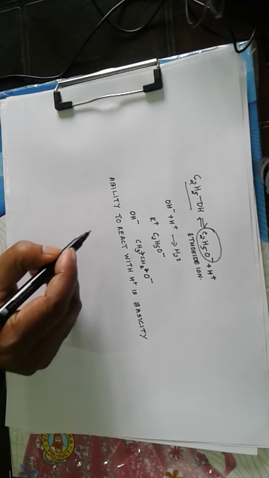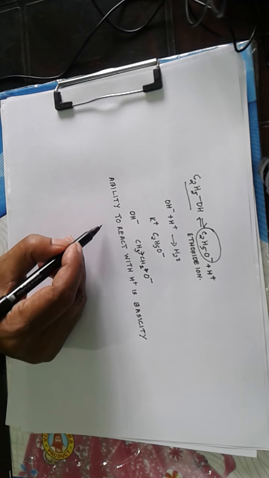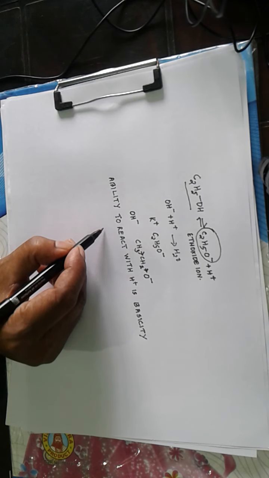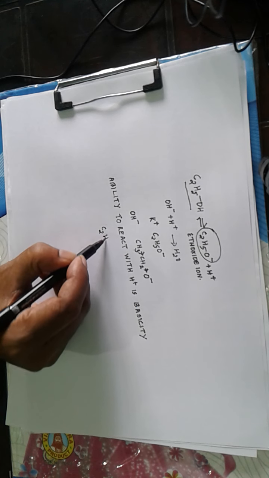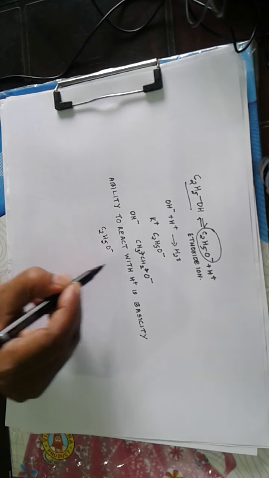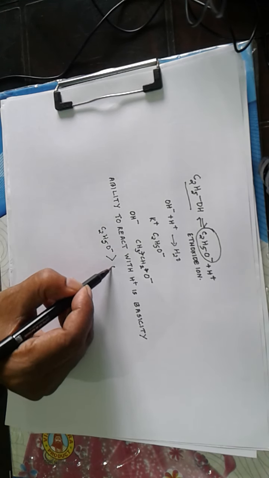So the oxygen atom in ethoxide will have a higher tendency to absorb H positive, so that when we compare the basicities, ethoxide, C2H5O negative, is more basic than OH negative.